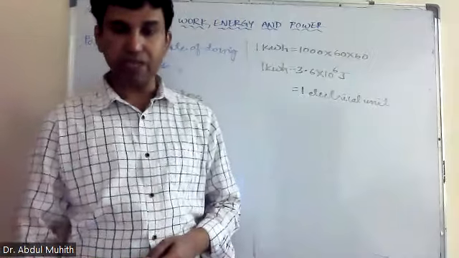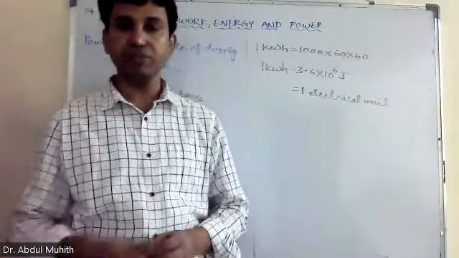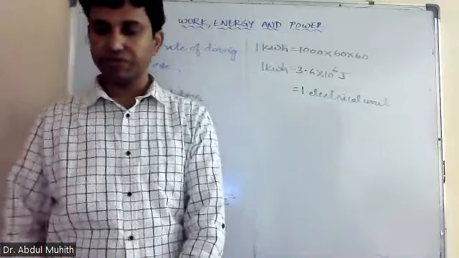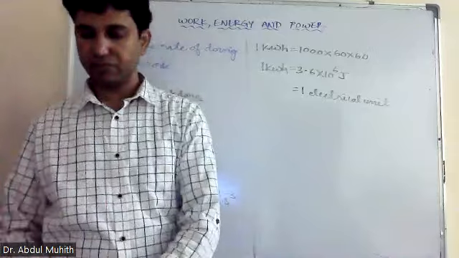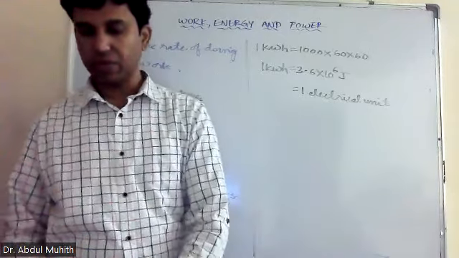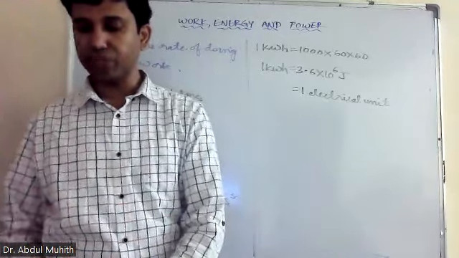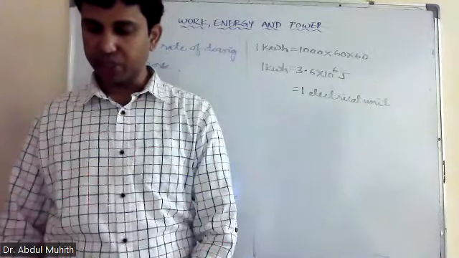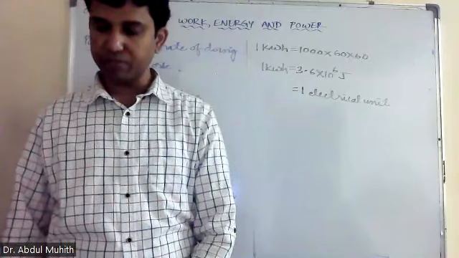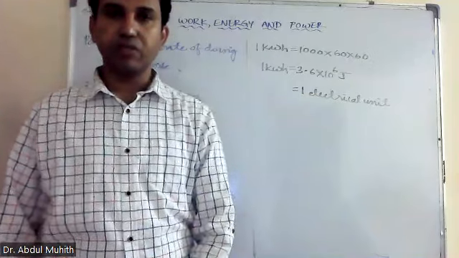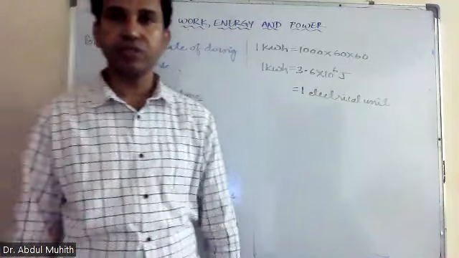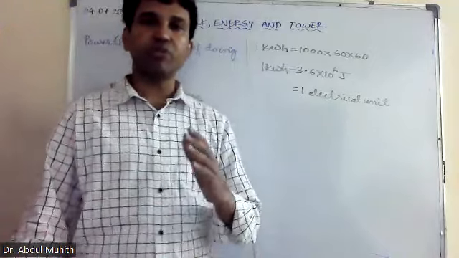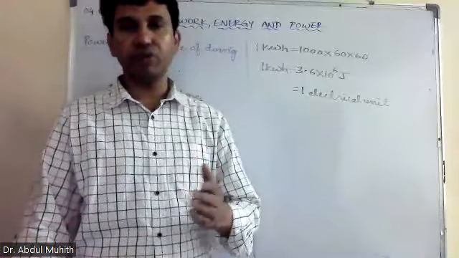Mechanical energy. What is the classification of mechanical energy? Potential energy and kinetic energy. In potential energy, what is potential energy? Energy possessed by a body due to the height, or due to the position, or due to the shape.